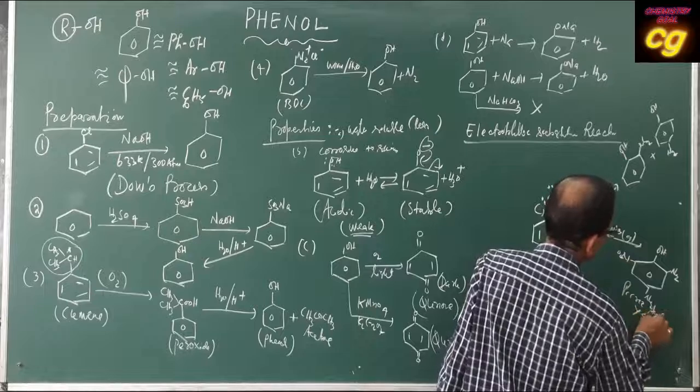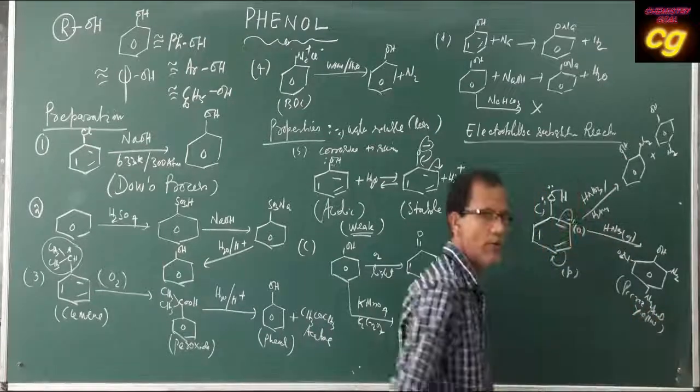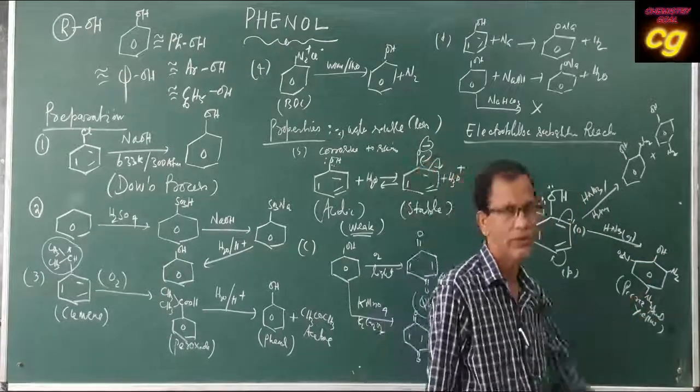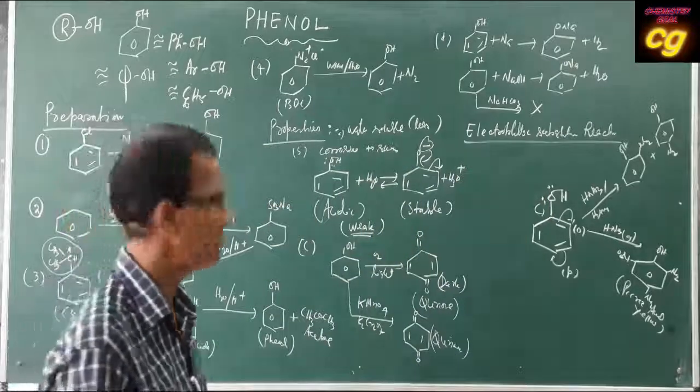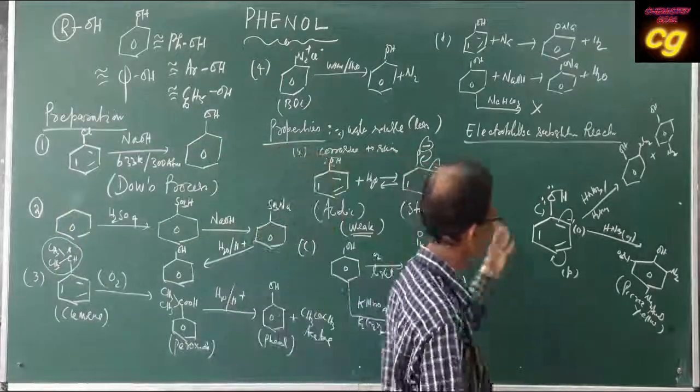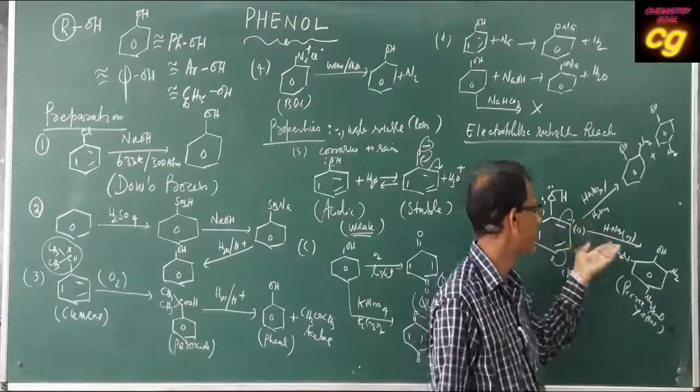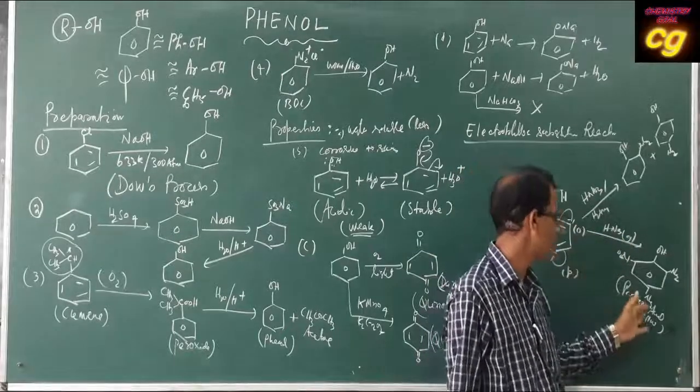A yellow mass is formed. Picric acid, trinitrophenol. So this is one important identification test of phenol: in the presence of fuming nitric acid it produces a yellow mass of picric acid.